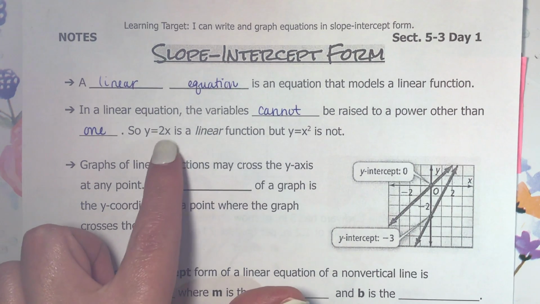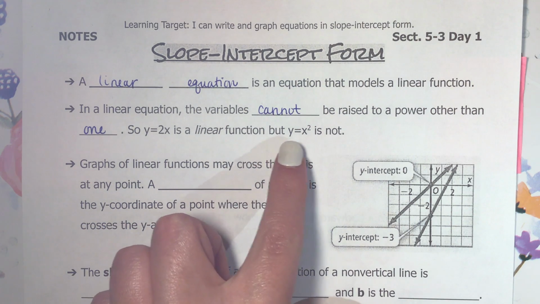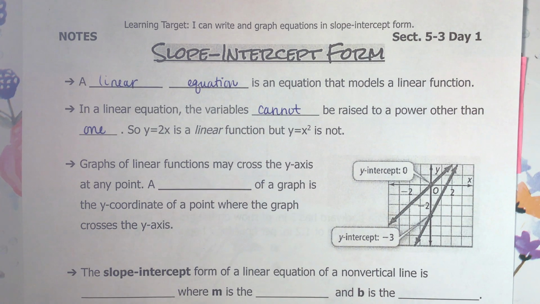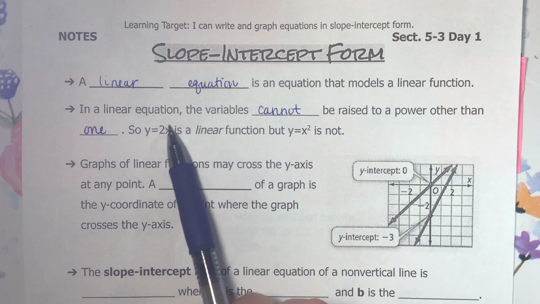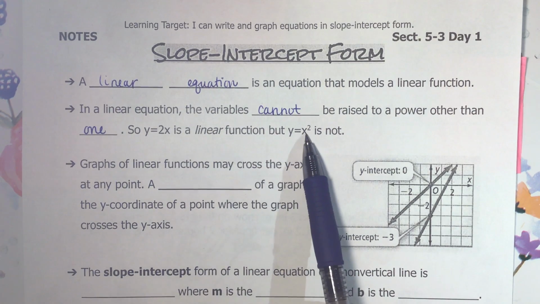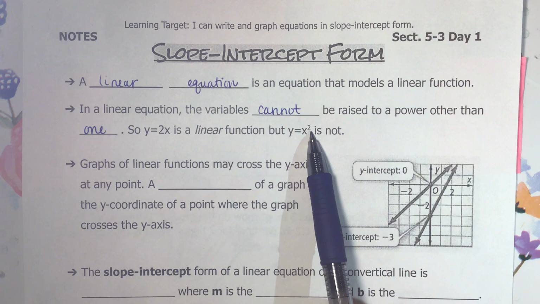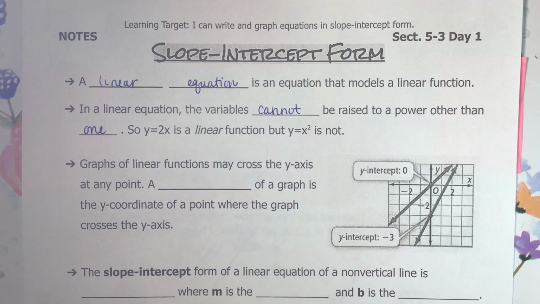So y equals 2x is a linear function, but y equals x squared is not. Notice how the x does not have an exponent. This x does. It has an exponent of 2, and 2 is greater than 1, so it is not linear.